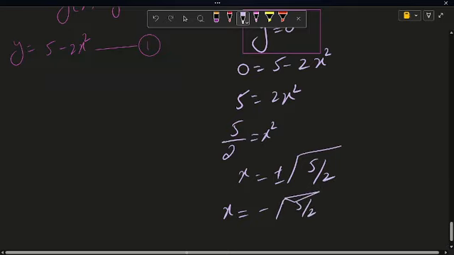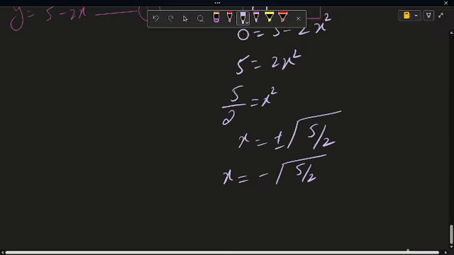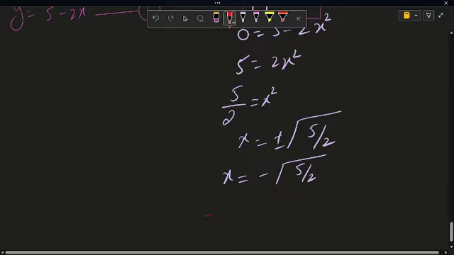It's not possible to choose the positive one because of the restriction, so I have to choose the negative value. When my y is 0, my x is negative square root of 5 by 2. So I will include this point. When x is minus square root of 5 by 2, my y value is 0. This is my first point, P1.